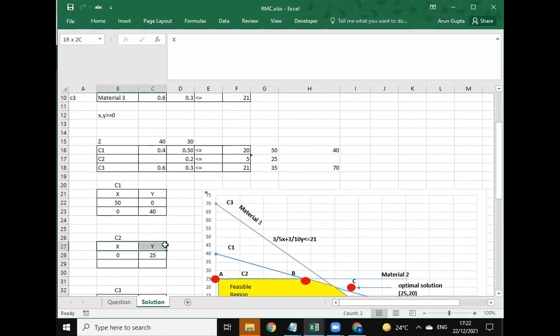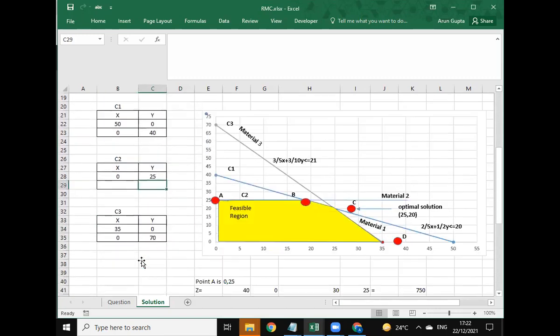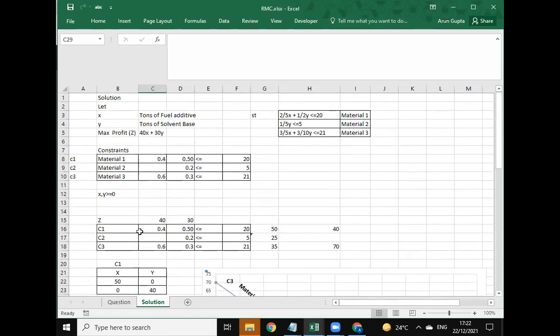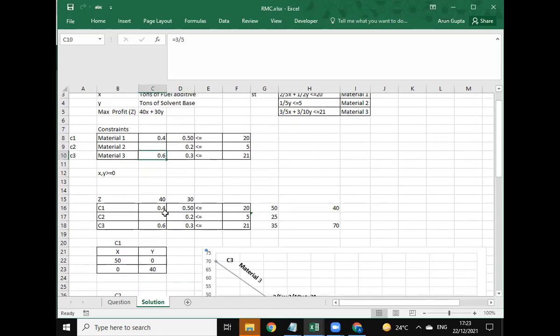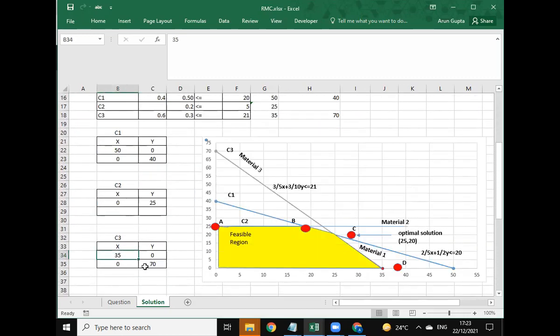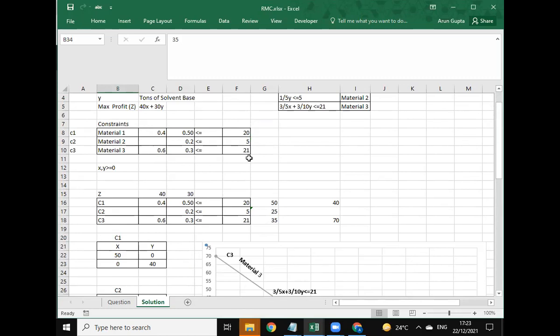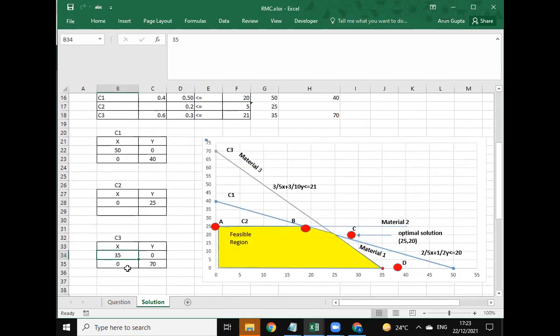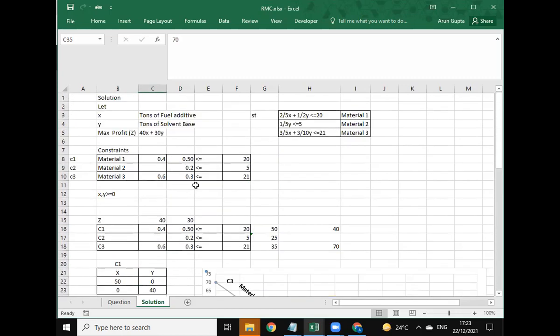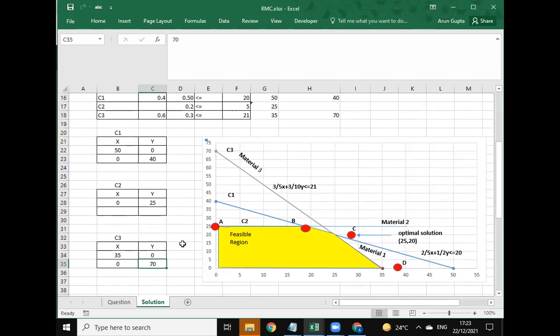This is the second parameter we have taken, and the third is 0.6 into x. We have taken a value of 35, which equals 21, and the next value is when we have taken x equals 0 and y equals 70, which multiplied by 0.3 provides the answer of 21. Likewise we have provided the values here.